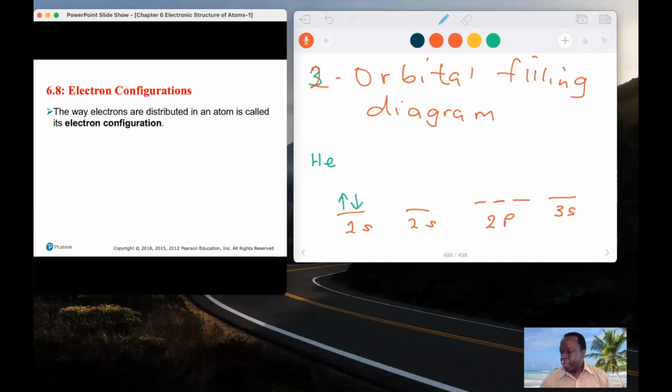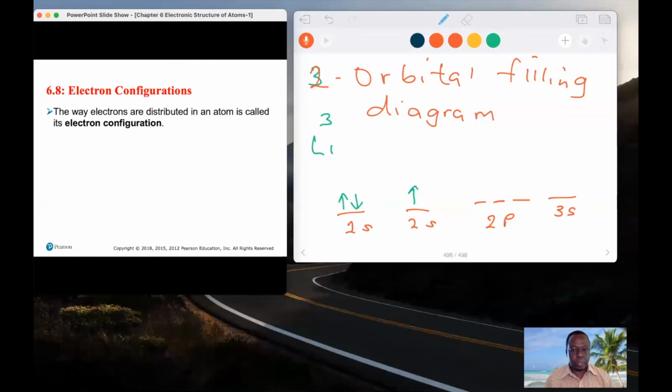If it is lithium, for the orbital filling diagram, lithium is number 3. So I have 2 so far, and then the third can face up or face down, so long as you have 3 arrows. Arrows represent electrons.